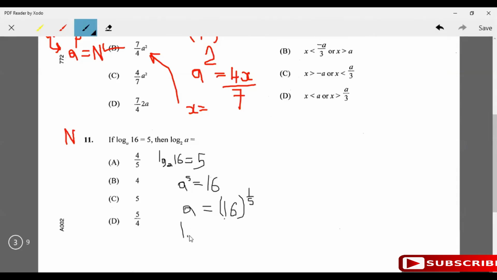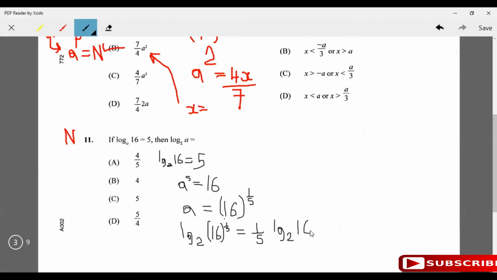Now log to base 2 of a is going to be log to base 2 of 16 to the 1/5 power. Agreed? Because a is 16 to the 1/5. Agreed? Yes, sir. By rules of logarithm, we can bring down that 1/5 now to write 1/5 log to base 2 of 16.